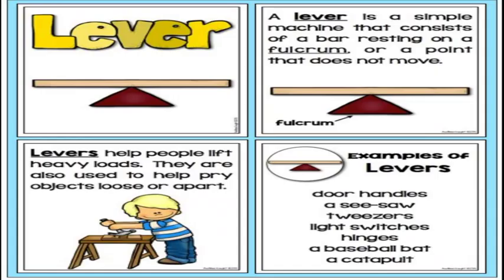A lever is a simple machine that consists of a bar resting on a fulcrum, or a point that does not move. Levers help people lift heavy loads. They are also used to help pry objects loose or apart.